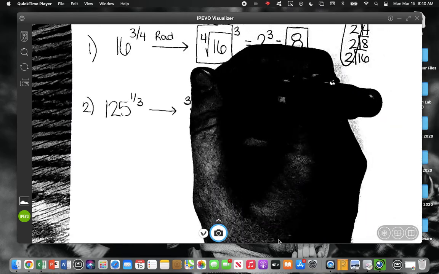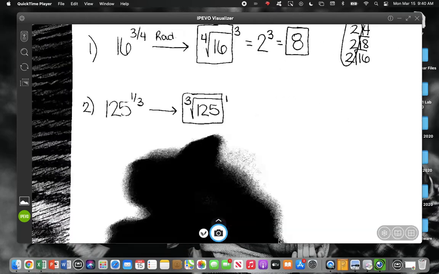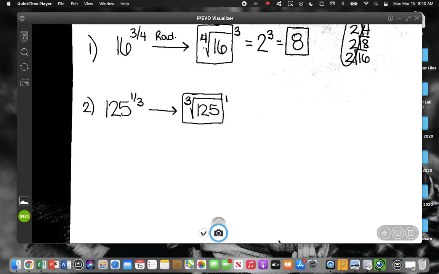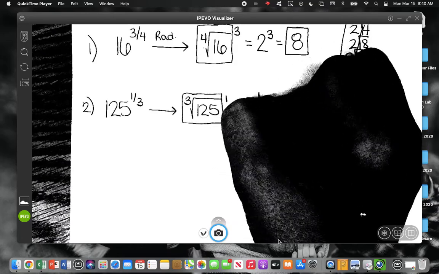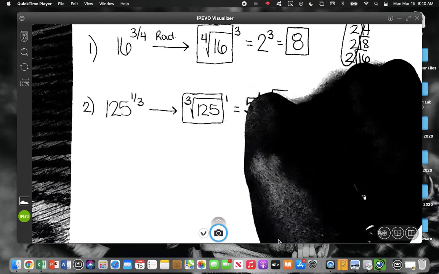Does anybody know the third root or the cubed root of 125? What number could I multiply by itself 3 times to get 125? It is 5. And 5 to the first is just 5.